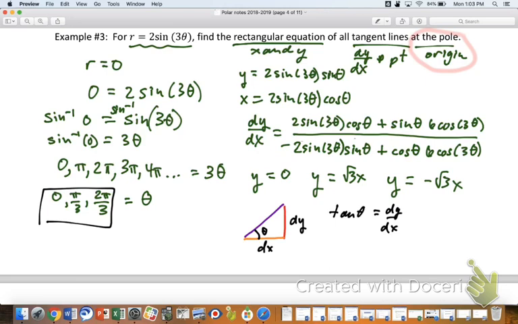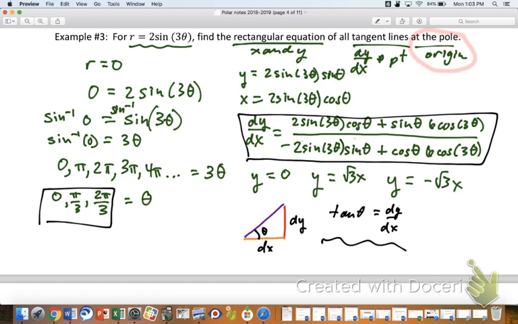I can't stress that enough, because what some people will do, and I get it, they'll be like, oh gosh, are you serious? So that's the relationship? Why do we even bother with this ever? Because that's a lot more complicated than just doing the tangent of the angle. Again, let me repeat. This only works if we're talking about the angle from horizontal.